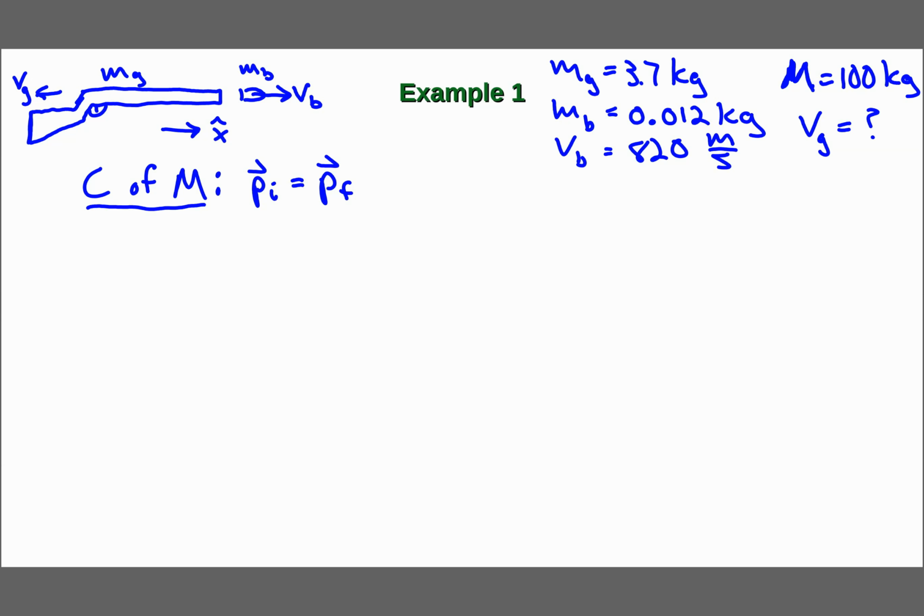Let's look at it through conservation of momentum. When the good guy shoots the gun, we have the same thing that we just solved for, and so we end up with VG equals MB over M plus mg times the velocity of the bullet. Then when the bullet hits the bad guy, we're going to have conservation of momentum again.